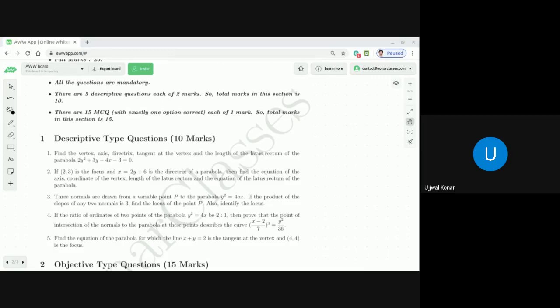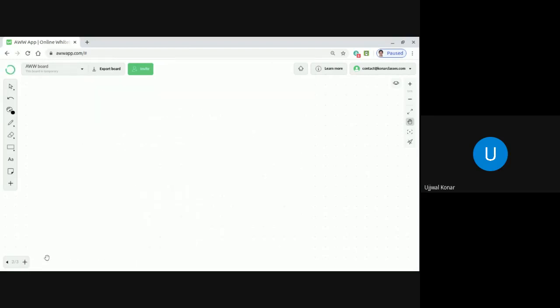See, if you look into the question, it asks for the equation of the tangent at the vertex. This is the question paper that you see. Let me take the solution and work it out so that it will be clear to you.